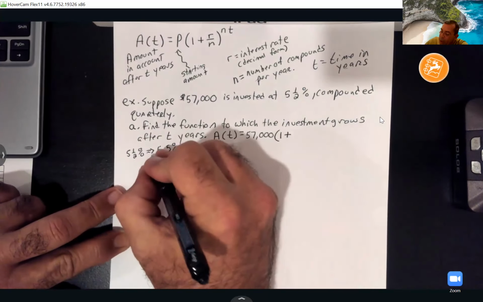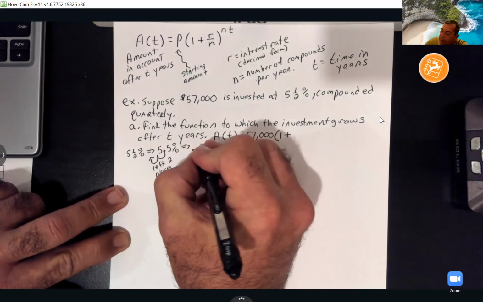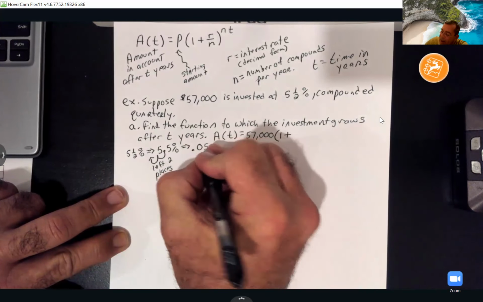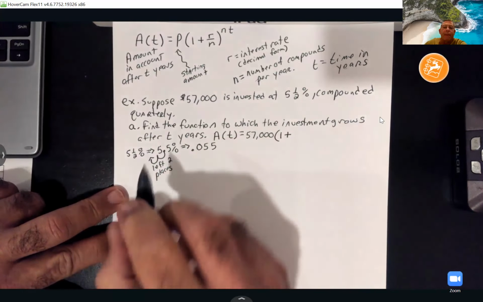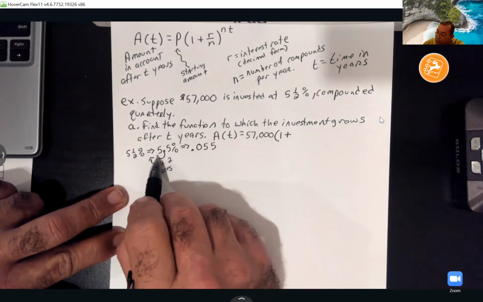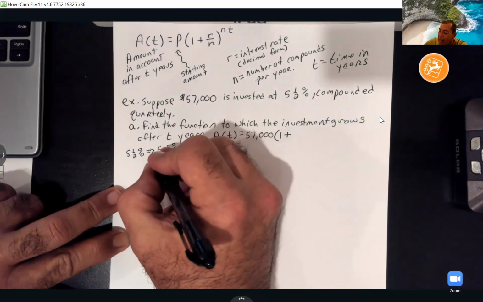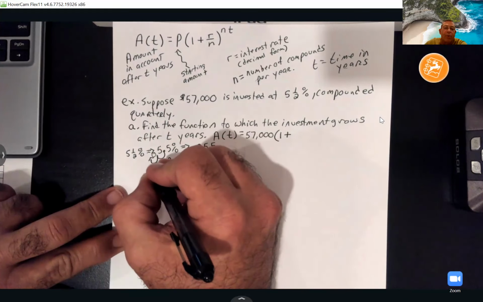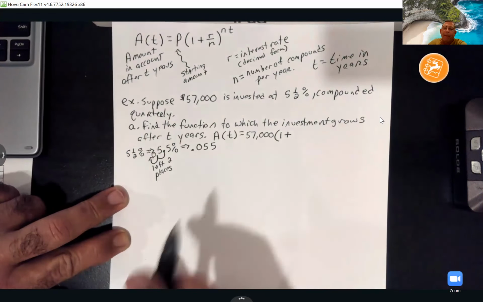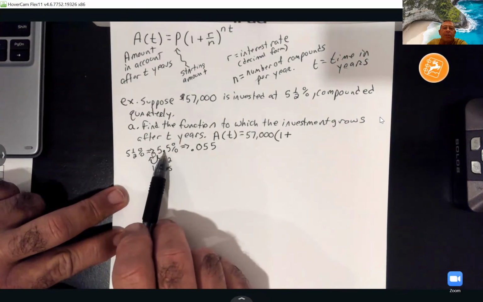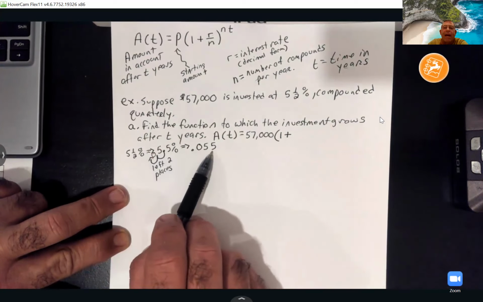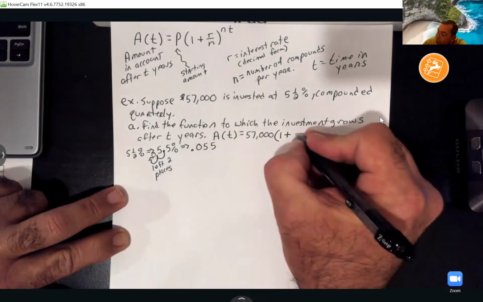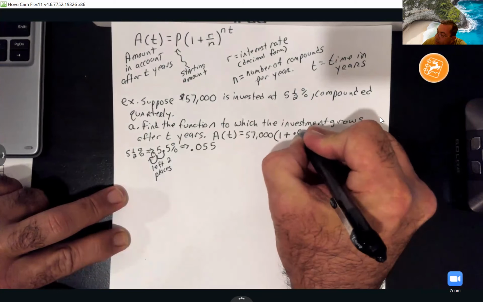So that will give me 0.055. So notice I was only able to move it once, so technically you got to add a 0 to get it moved twice, okay? So that turns into 0.055 that I can now plug into my formula.